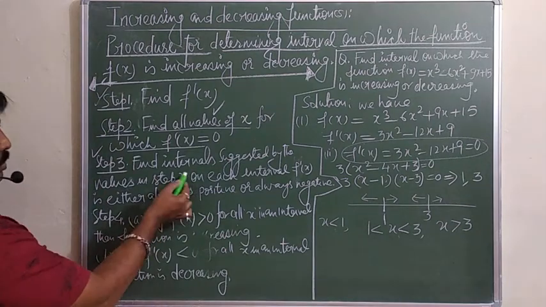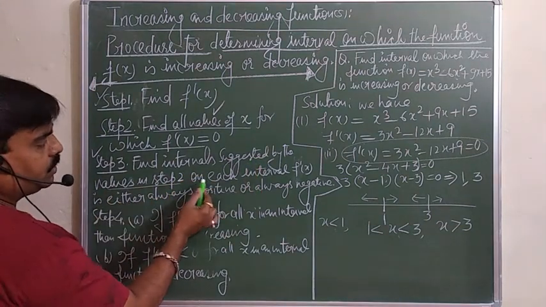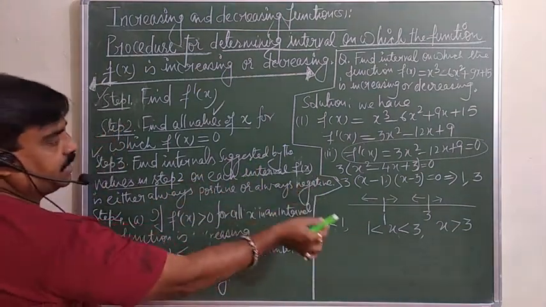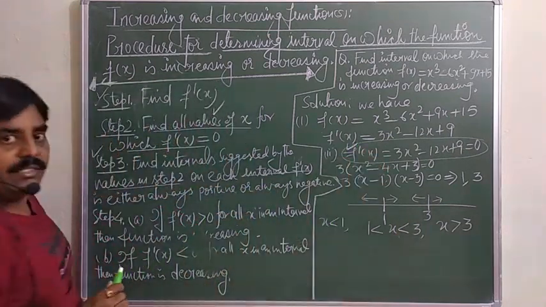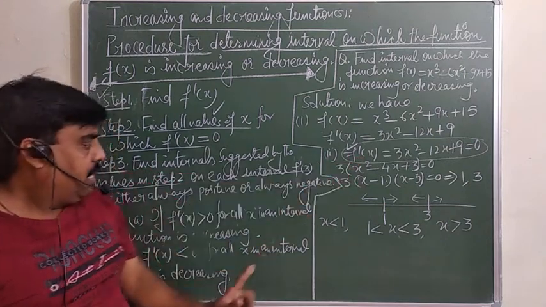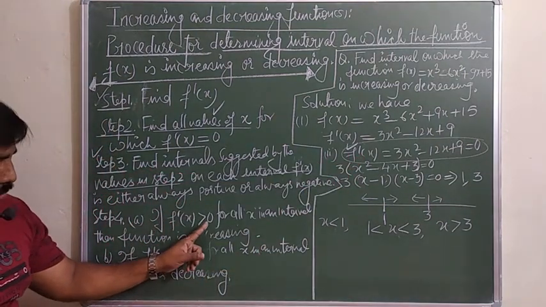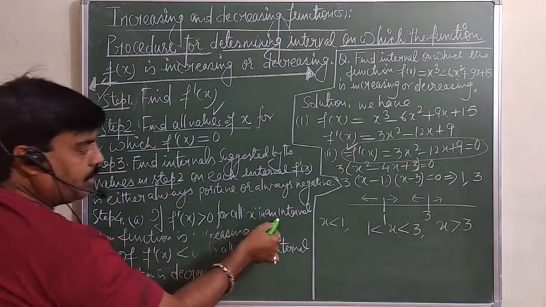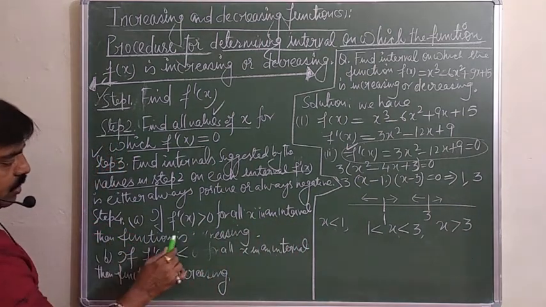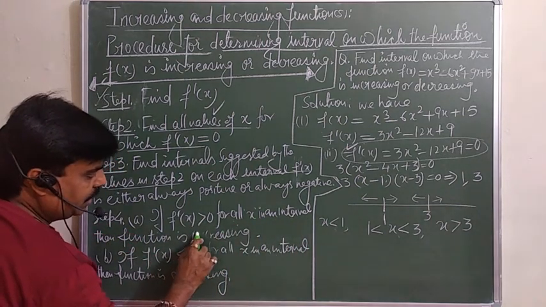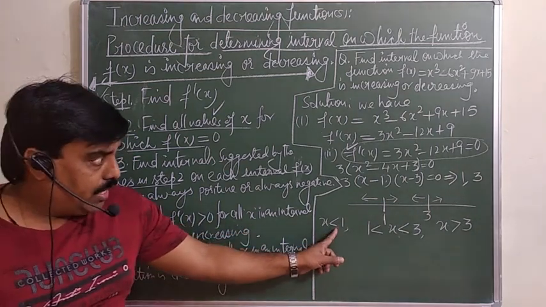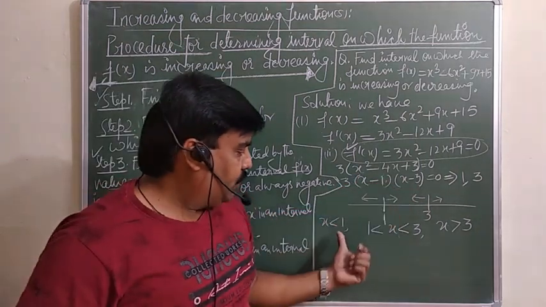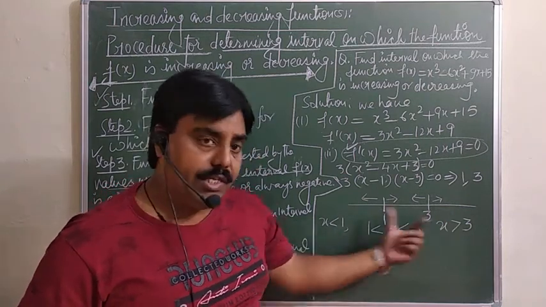So you are supposed to take the values in step 2 and, for each interval, check f'(x). If f'(x) comes greater than 0 for all values of x in the interval, then the function is increasing. अगर ये value रखने पर, after putting values here, we check each and every interval.